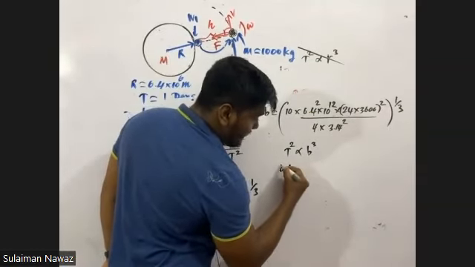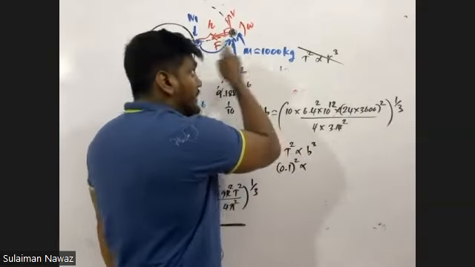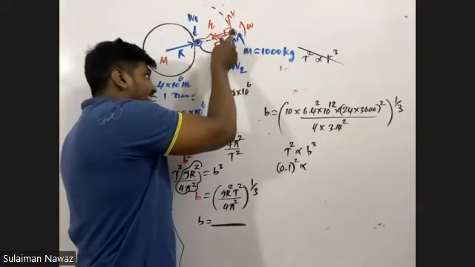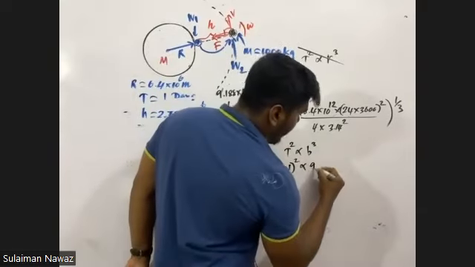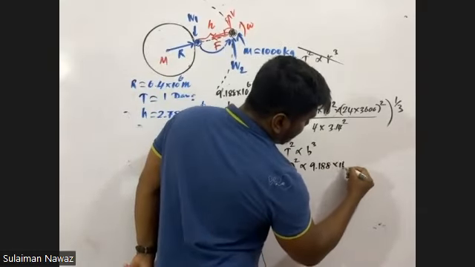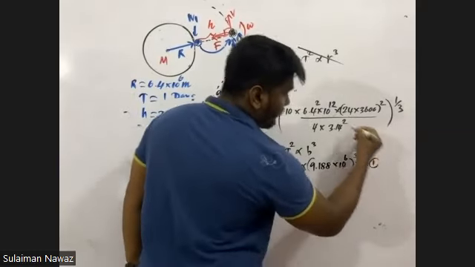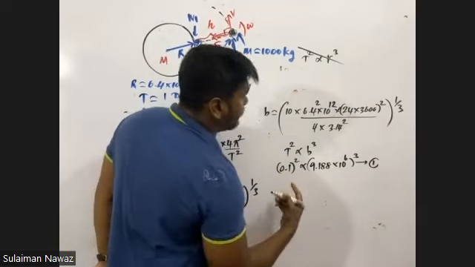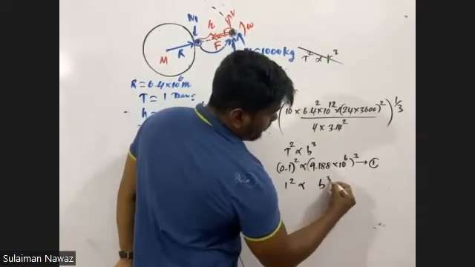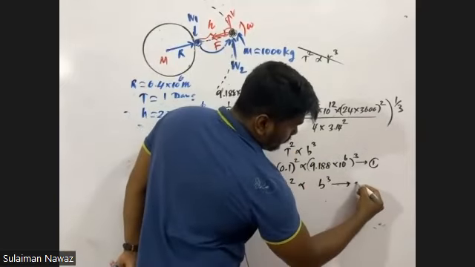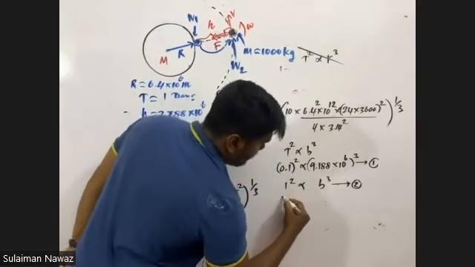That means 0.1 day squared is directly proportional to, you know, the previous case. Previously, what is the distance to the satellite from the center of the earth? I can't remember, I think 9.188 into 10 to the power 6, cube, right? This is proportional to 1. Now when the time period is 24 hours, that means 1 day, you need to find that new simple b cube, which is proportional to 2. If you divide proportional to 2 by proportional to 1, then also you can get the answer.